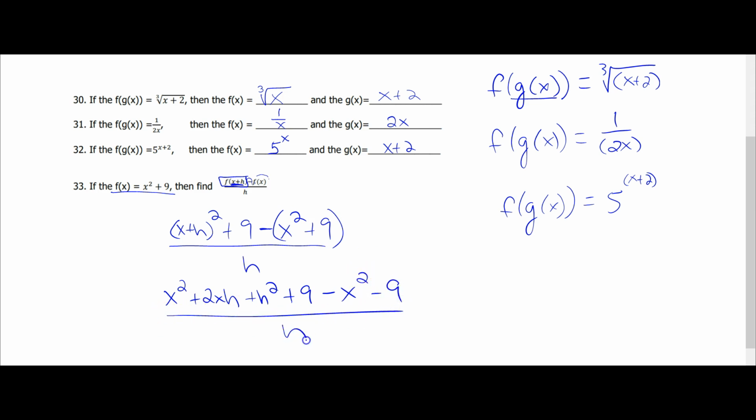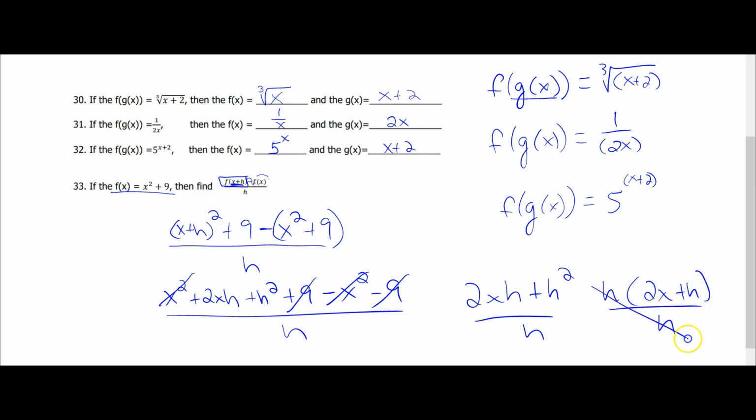Put it all over h. And that's going to let me cancel out some things like x squared and minus x squared, positive 9 and minus 9. And I end up with 2xh plus h squared all over h. We can even factor out an h here. I get 2x plus h, and we can actually cancel out the h's here, and it simplifies all the way down to 2x plus h.